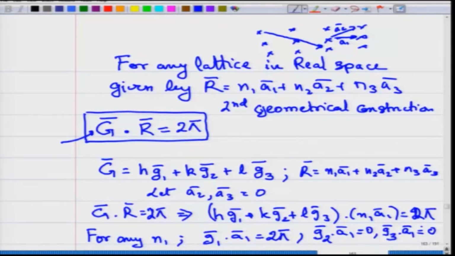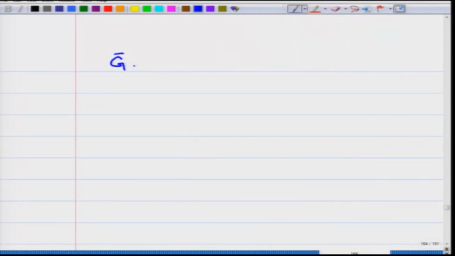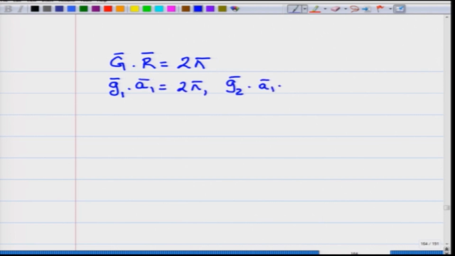So the condition that g dot R is equal to 2 pi gives us our first condition: g1 dot a1 should be equal to 2 pi, g2 dot a1 should be equal to 0, g3 dot a1 should be equal to 0.